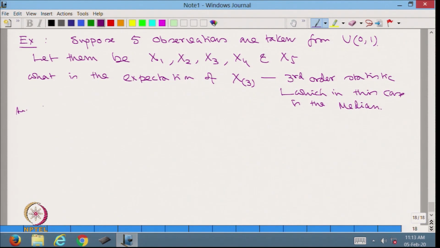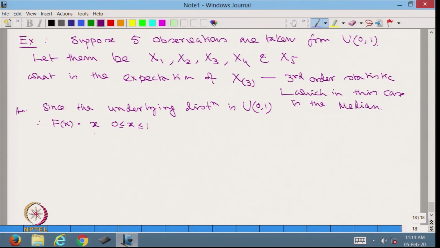Answer: since the underlying distribution is uniform (0,1), therefore F(x) is equal to x for 0 less than or equal to x less than or equal to 1, and small f(x) is equal to 1 for 0 less than or equal to x less than or equal to 1.